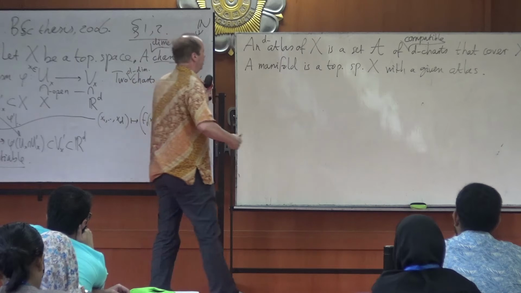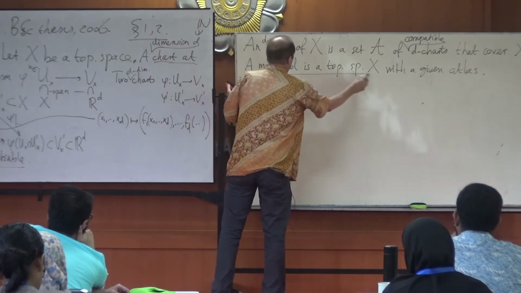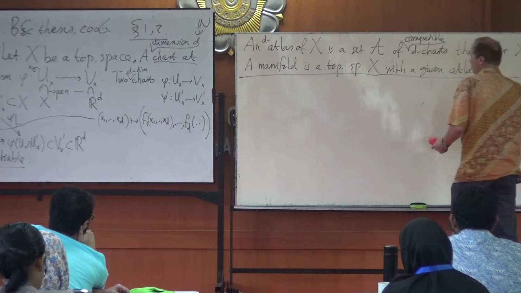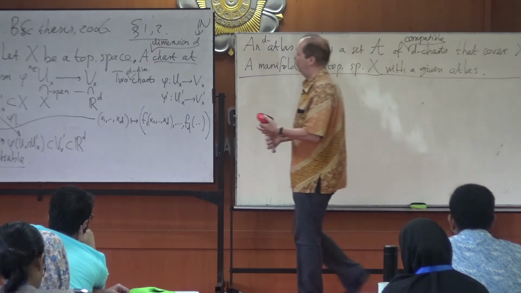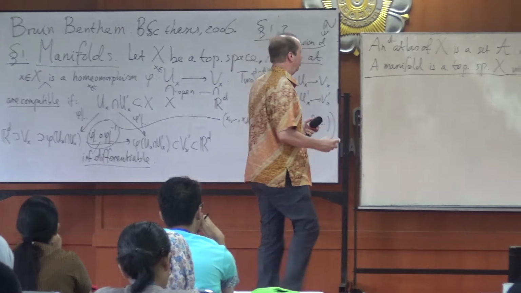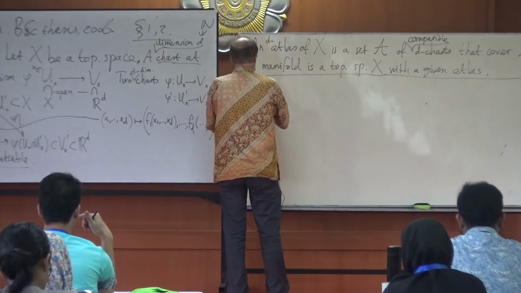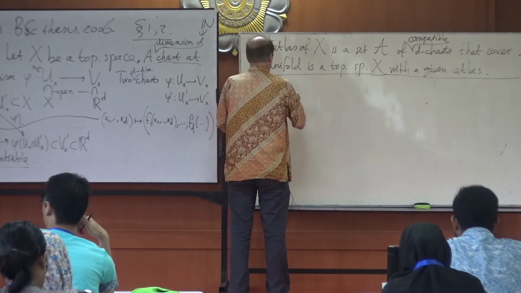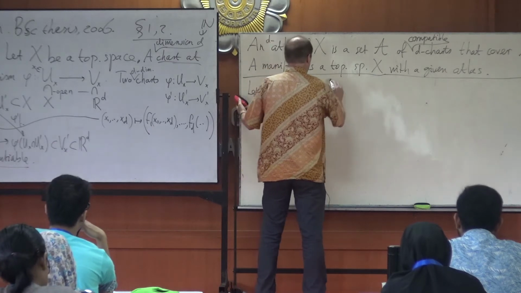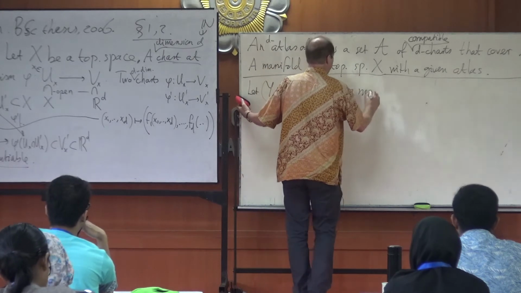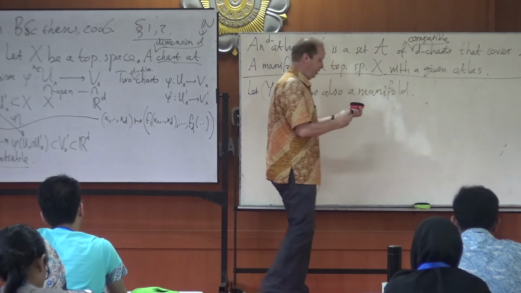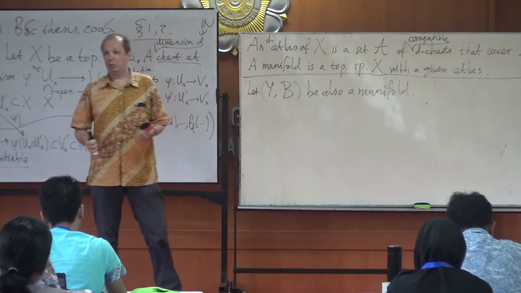What I should do, this is much more important, is the next thing: what maps between manifolds do we want to consider? Right? So now let Y be also a manifold. So now I have two manifolds. Then what can I do?